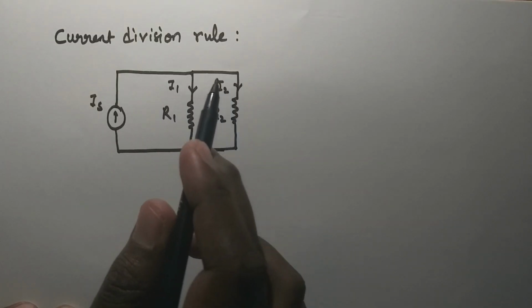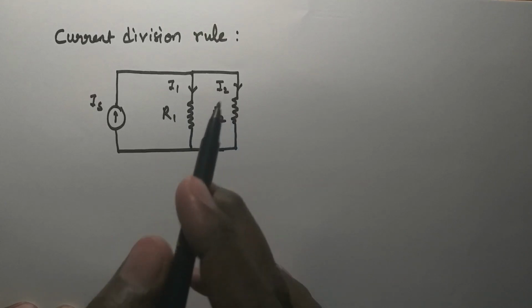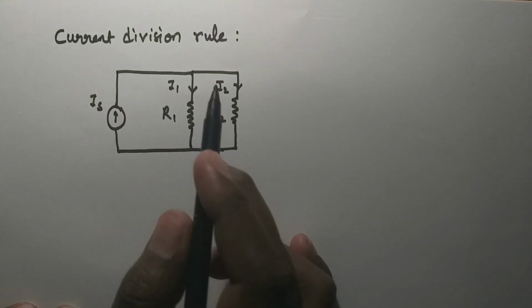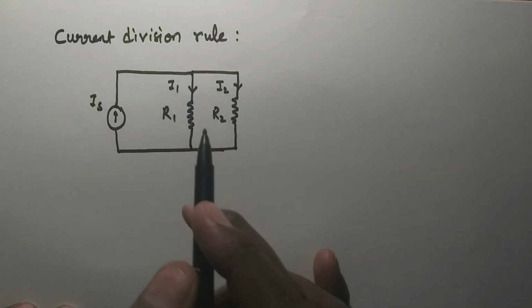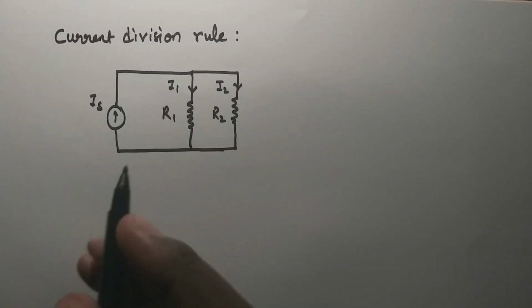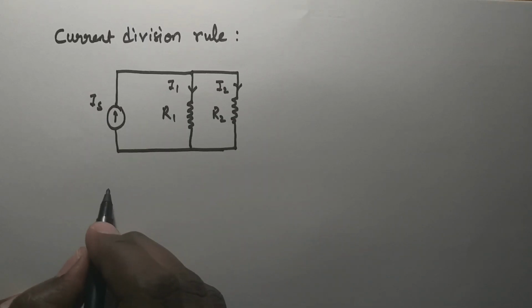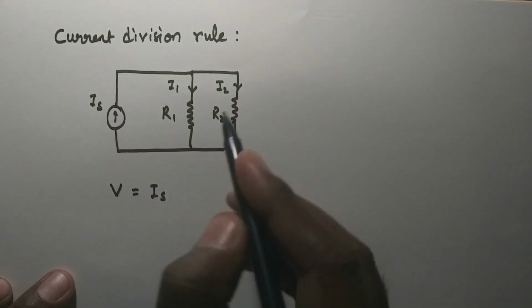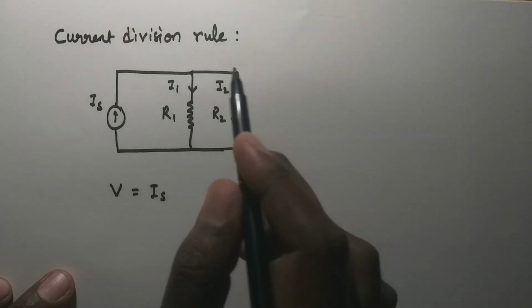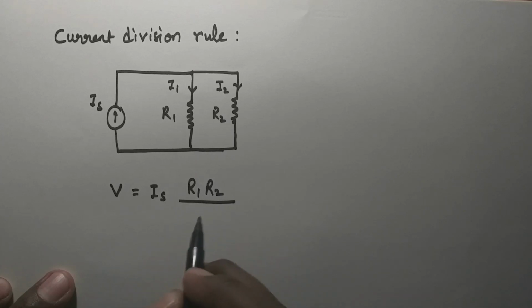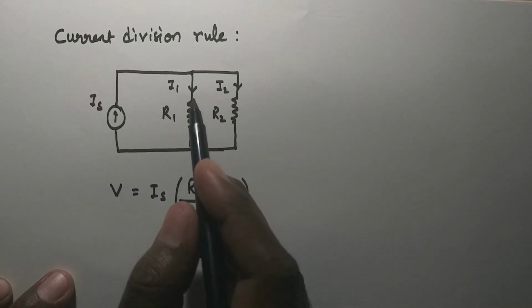And if we multiply that combination with this current Is, the total current Is, then we will get the voltage which will occur across all these elements. So suppose the voltage which is common for all these elements is V, then V will be equal to Is into the parallel combination of these two resistances, meaning R1 into R2 divided by R1 plus R2.